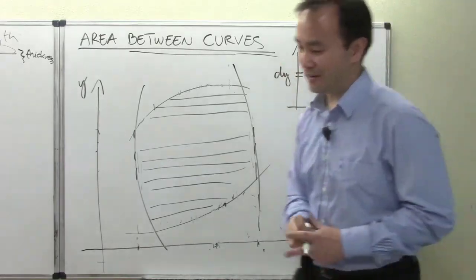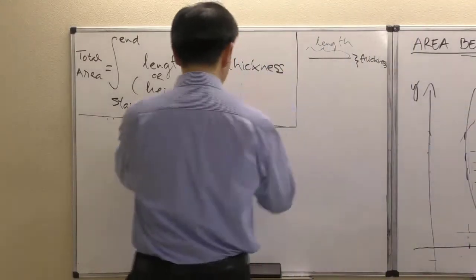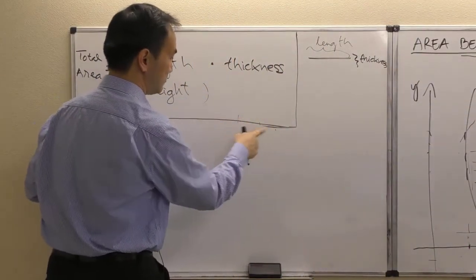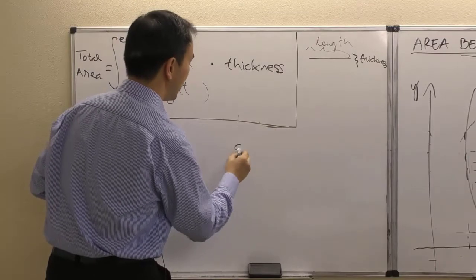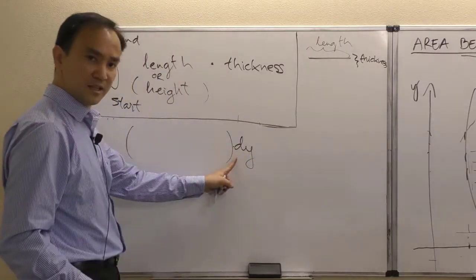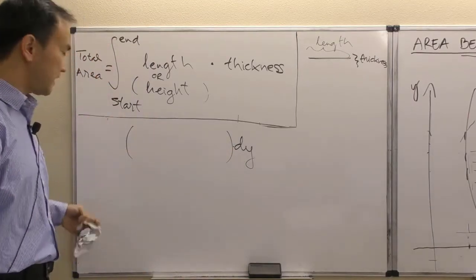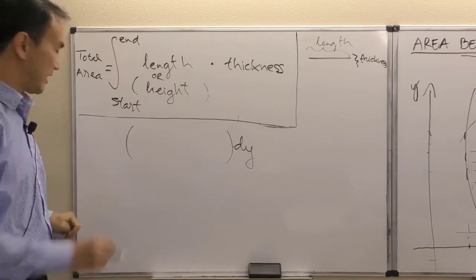So now that formula of ours is starting to evolve. Thickness now evolves to become a dy instead. Now we already have thickness. Now we need to find out how we determine the length of any of our stripes at any instance.